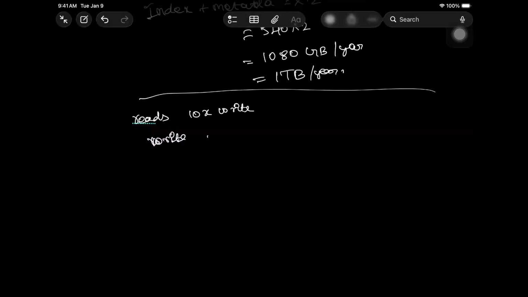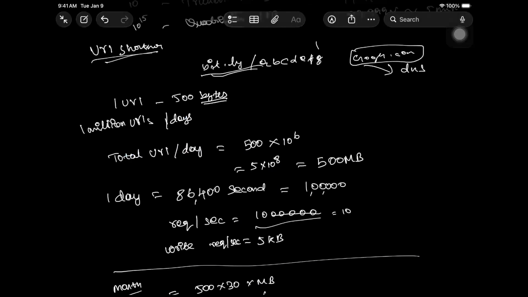Write volume will be 10 to the power 6 and 10x reads means 10 into 10 to the power 6. So now the QPS would be: write would be 10 requests, and read would be mostly 10x, so 100 requests.